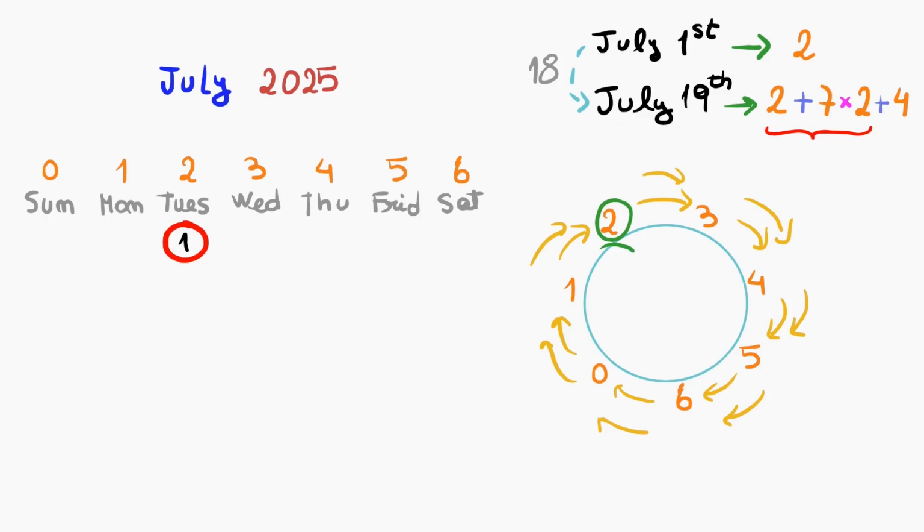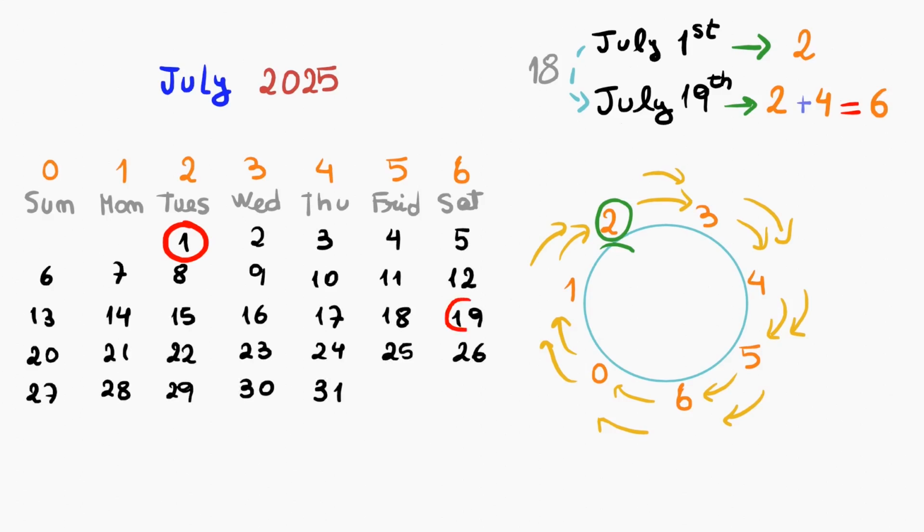We have already seen that adding 7 once is like adding 0, but now we see that adding 7 twice is also like adding 0. So then we finally add the remaining 4 to obtain 6 as the solution. This means that July 19th is day 6, or Saturday, as we can verify.